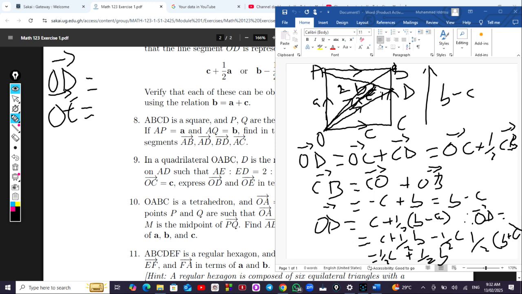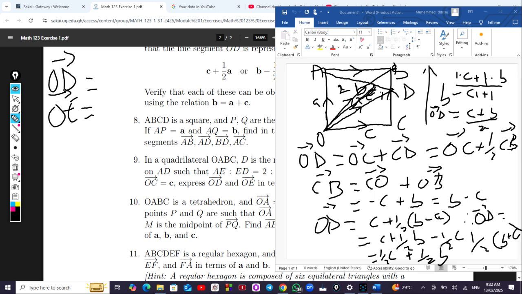OD is dividing BC internally in the ratio 1:1. So if you use that ratio, you will have 1 multiplying C plus 1 multiplying B, all over 1 plus 1. So OD will have been 1 times C plus B all over 2, and this is the same as what we have here.